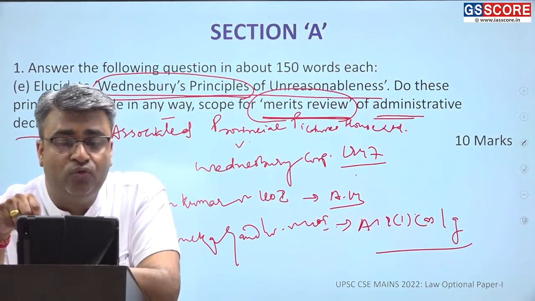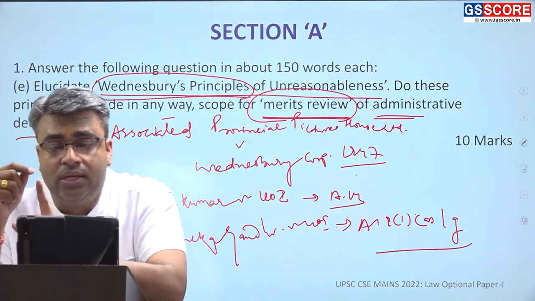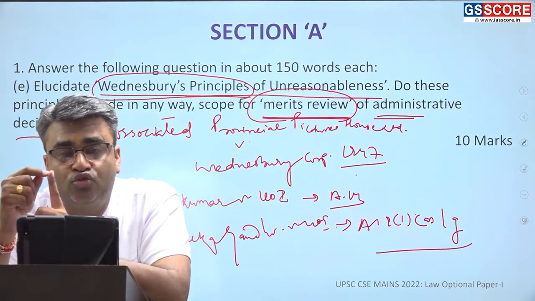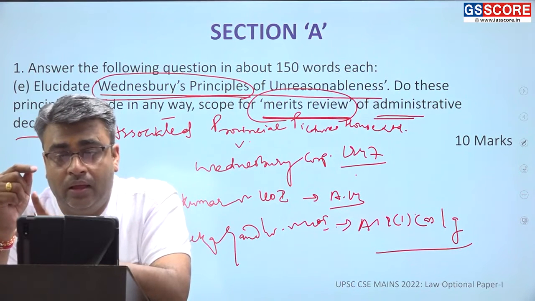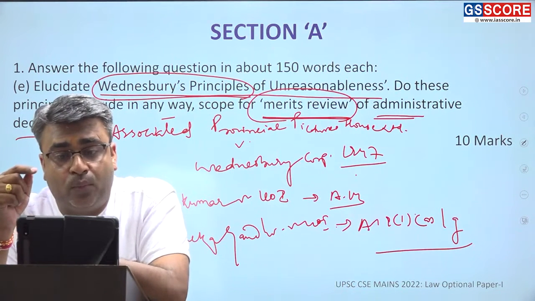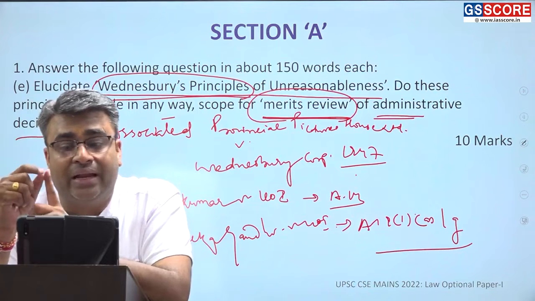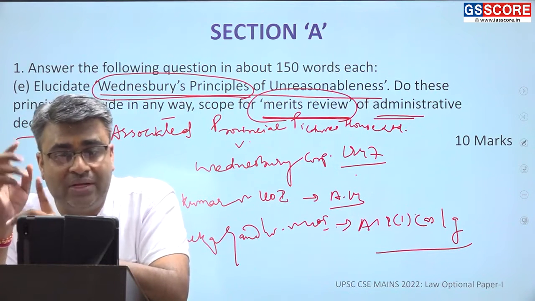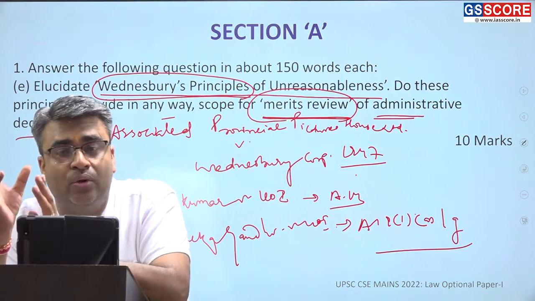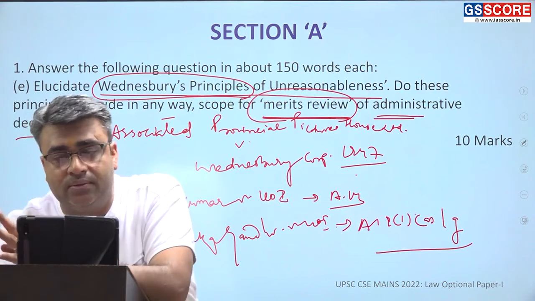So the point of the Wednesbury and the proportionality test: the proportionality doctrine has objective criteria for analysis. What is the purpose of the government to enact or to take such a decision?